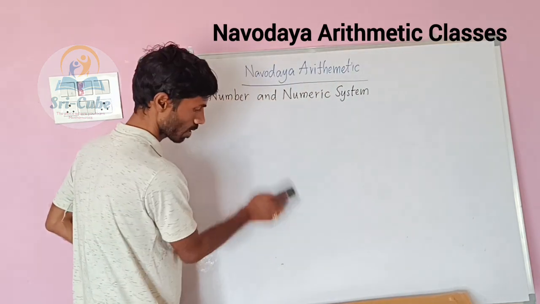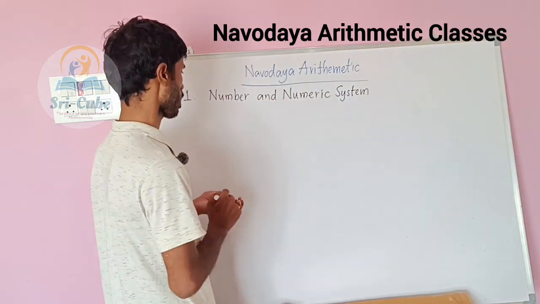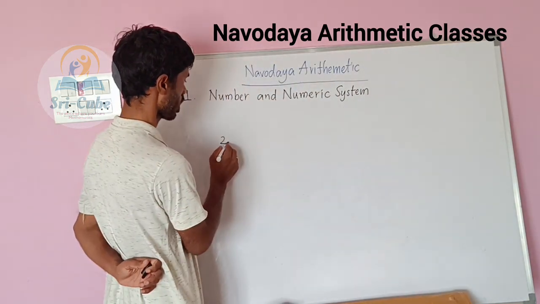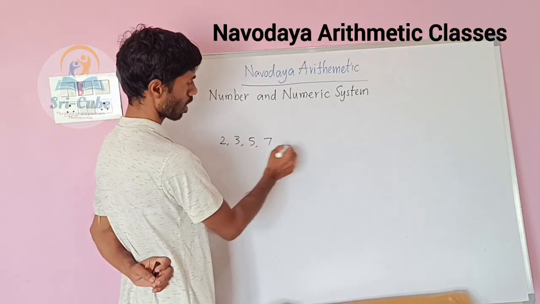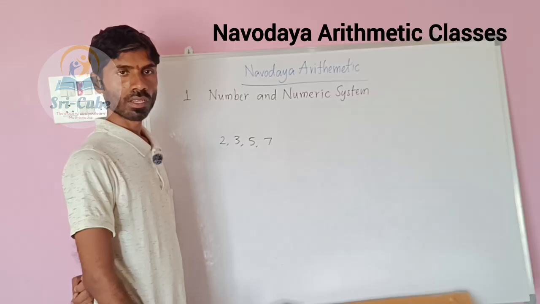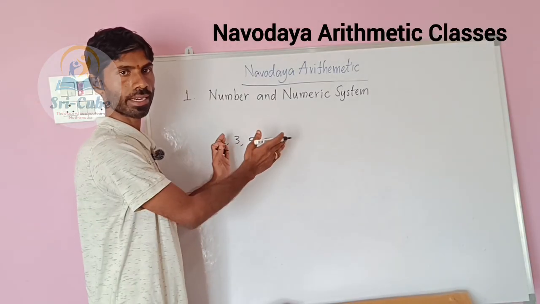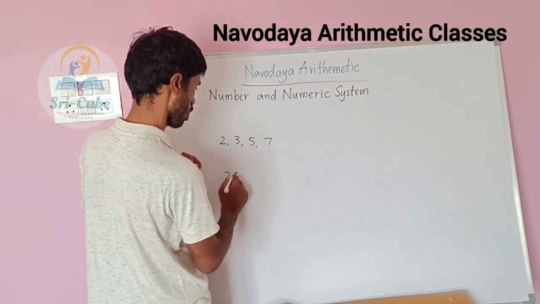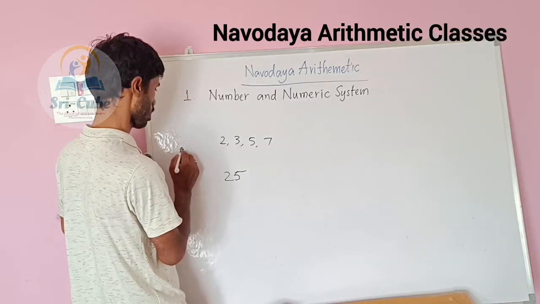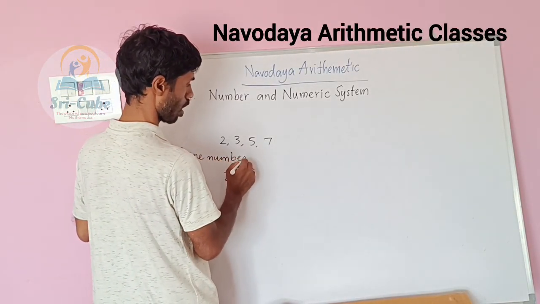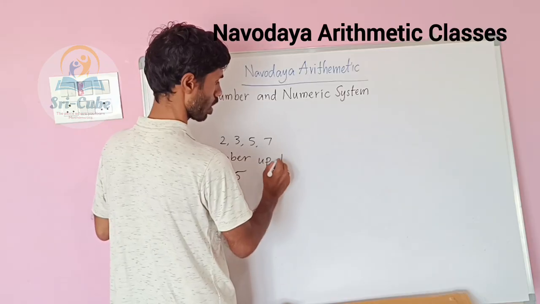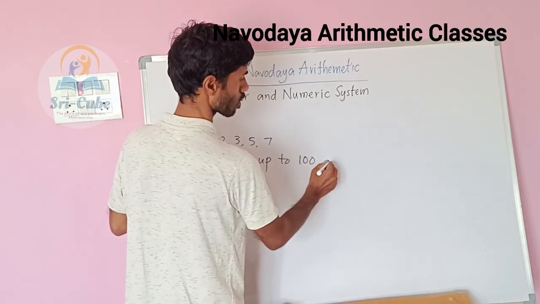So another important point, prime numbers, already we said 2, 3, 5, 7 are prime numbers. So prime numbers up to 100 are 25.